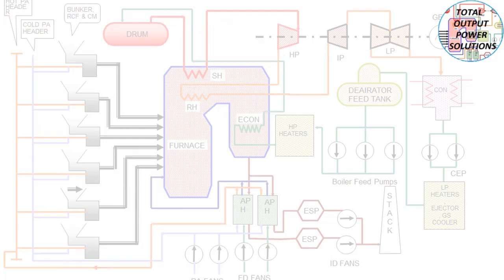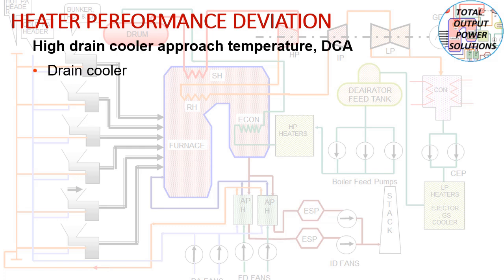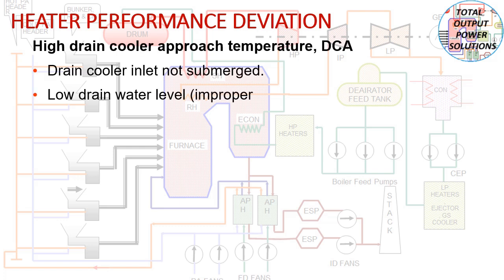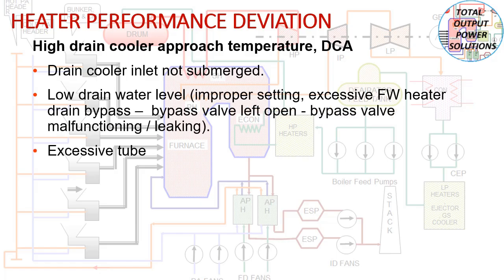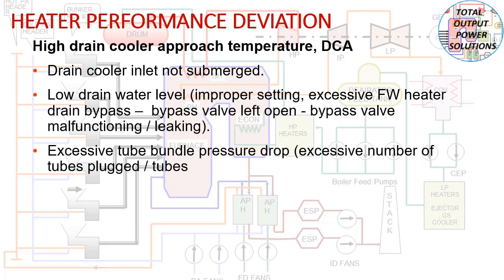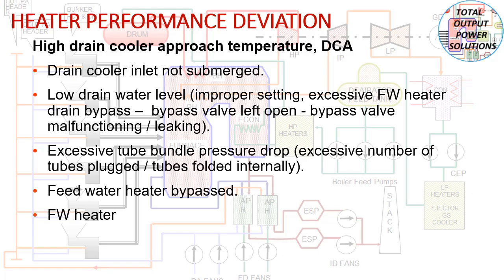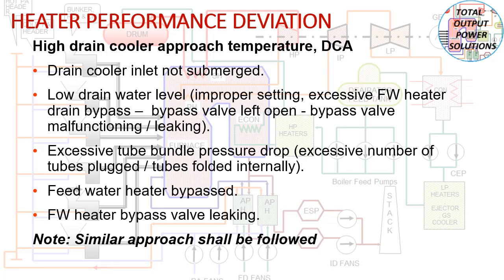Now high DCA, high drain cooler approach temperature. If the drain cooler inlet is not submerged, the DCA may be higher. Low drain water level or improper level setting may be there. Excessive feed water heater drain bypass valves may be left open or may be passing, malfunctioning, or leaking.